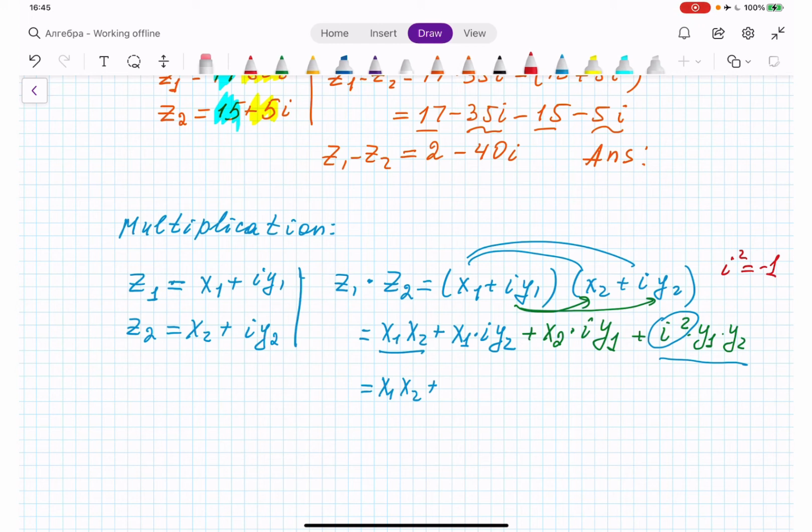So which means we are going to get minus y1 y2, right? So this is going to be the portion of real number, and plus, taking i out, we are going to get x1 y2 plus x2 y1.